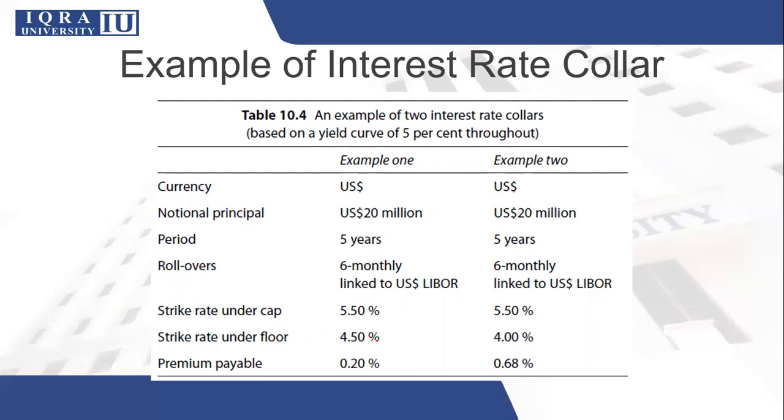With the strike rate under the floor a bit higher, you can see that the premium payable is even lower. And the one that has more difference, the premium payable is a bit higher, but you can see it's reduced to almost zero. So 0.2 and 0.68%. The higher you take the strike rate under the floor, the lower this premium amount will go.